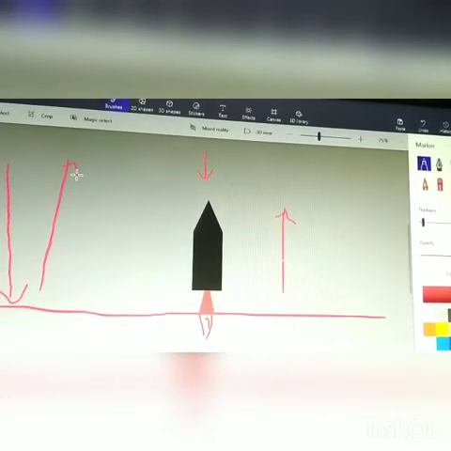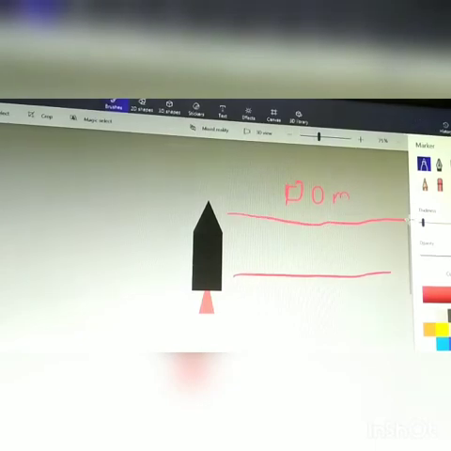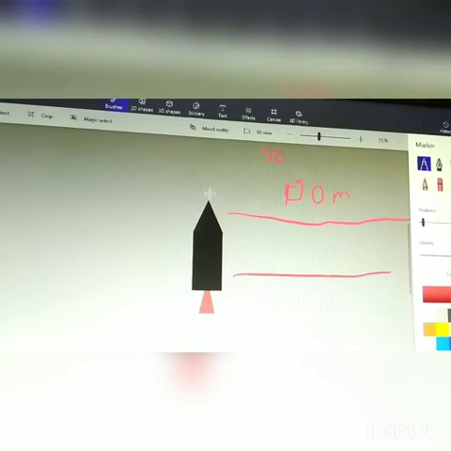As I told you, the more the distance, the less the gravity. So now what will happen? At some states, the gravitational force might be around 100 meters per second squared acting on it. After a stage, when it crosses a layer of the atmosphere, it will decrease to 50. And so on, it will keep on decreasing as the height of the rocket increases.